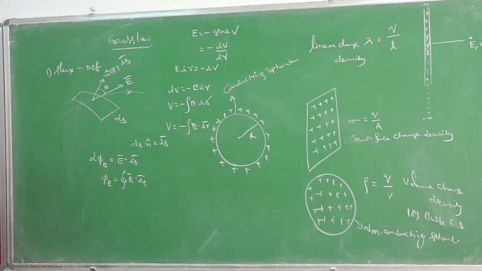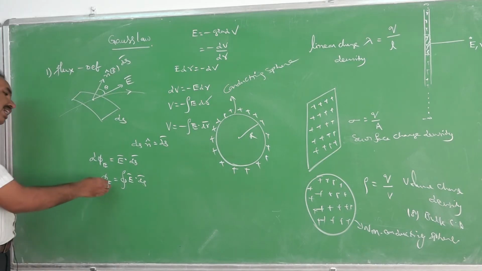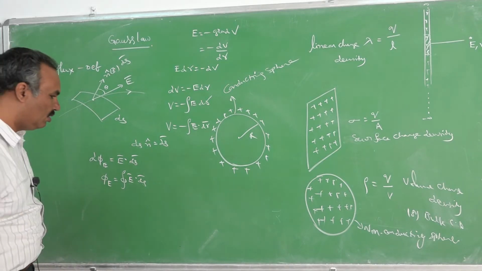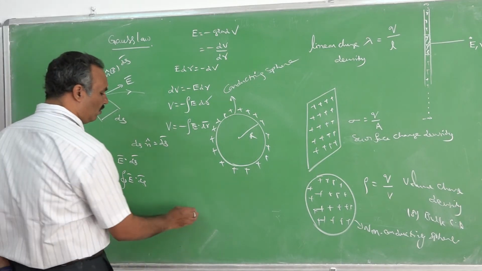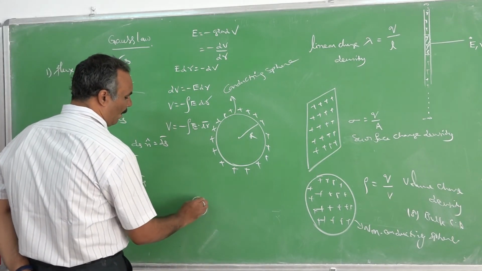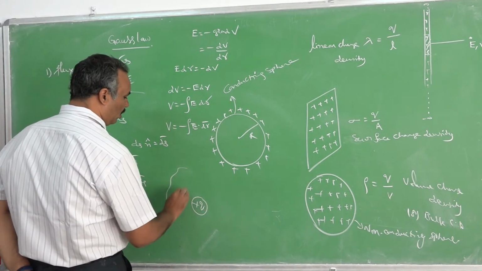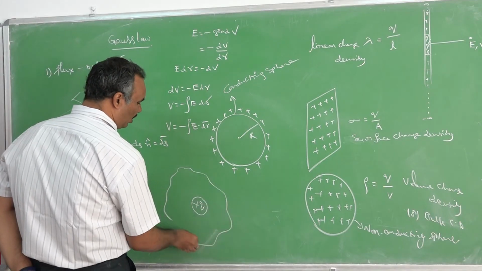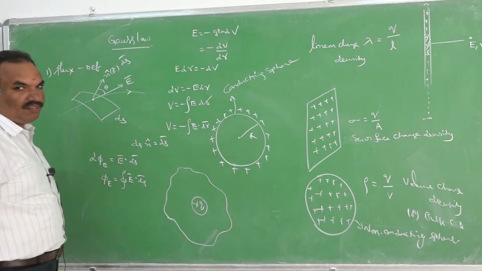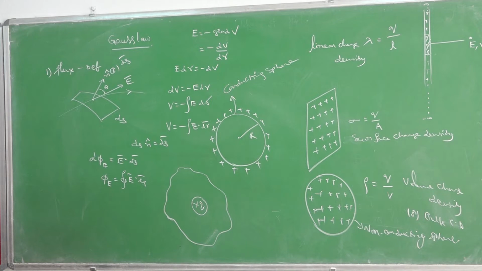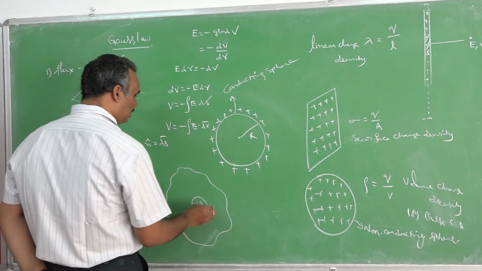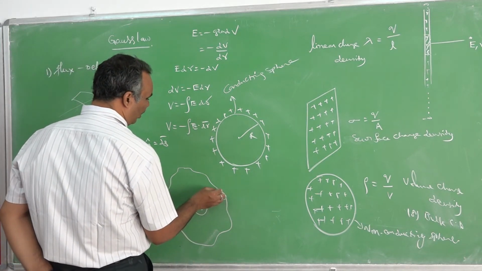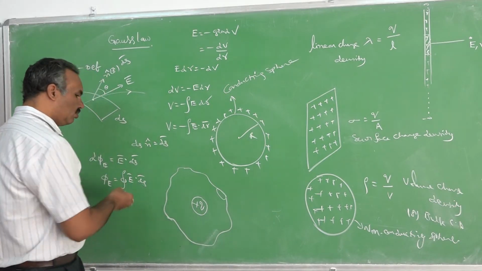Now, Gauss states that this electric flux can be calculated by considering a Gaussian surface. If Q is the charge available here, you may take a closed imaginary surface called a Gaussian surface, which may or may not have a regular shape. And if you consider the flux passing through the small area, you will calculate according to this.